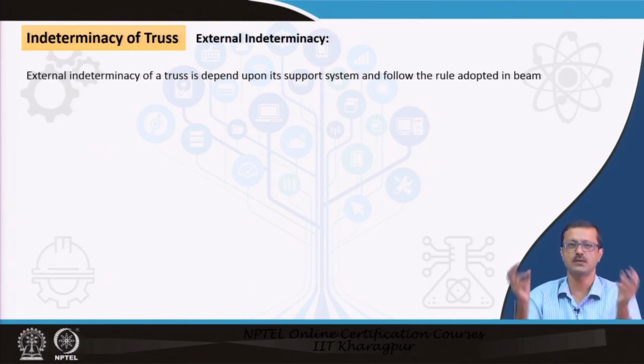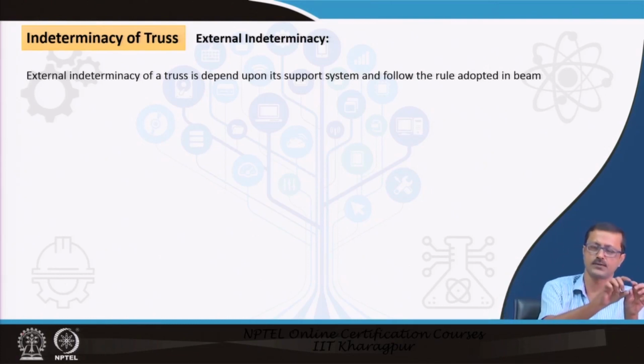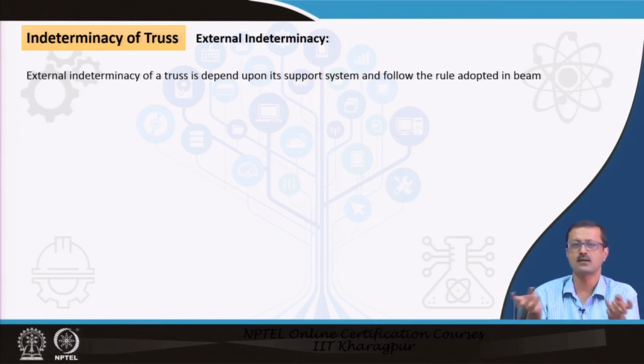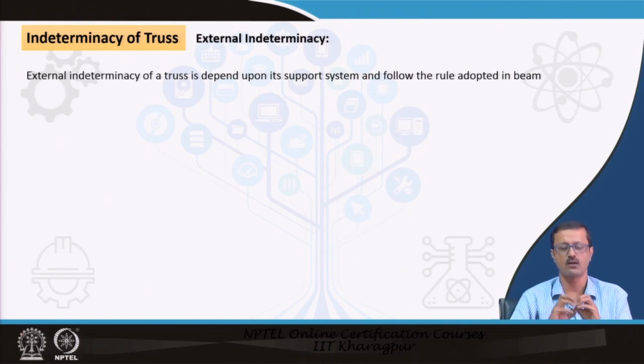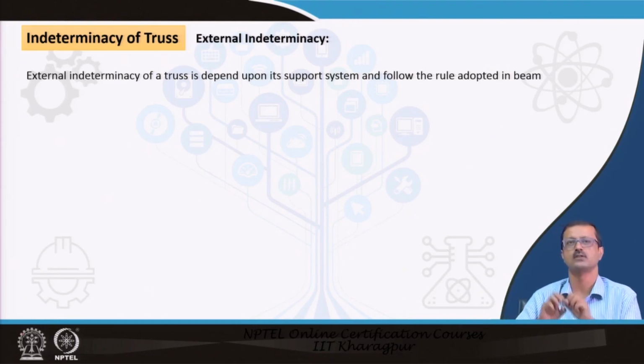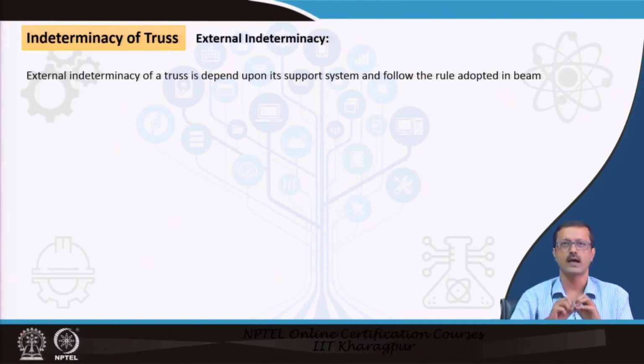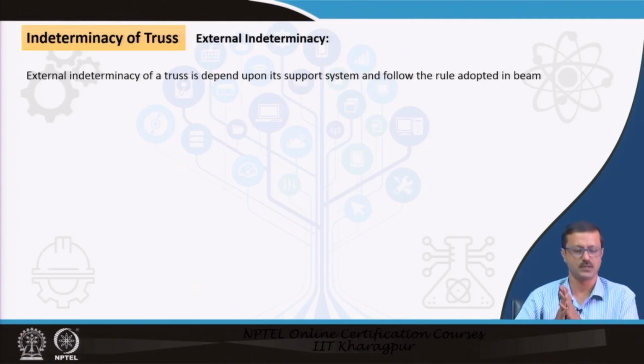If a beam has 2 supports or 3 supports, those are the plug-in systems. So you have to see how the support systems are there in that particular truss, and the applicability of the indeterminacy will be the same as it is in a beam.